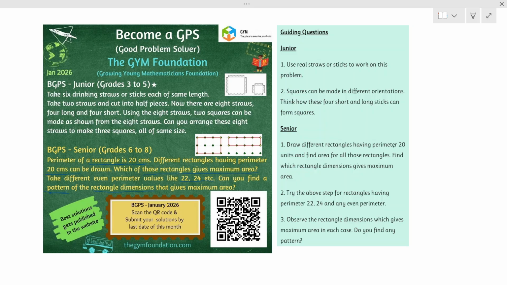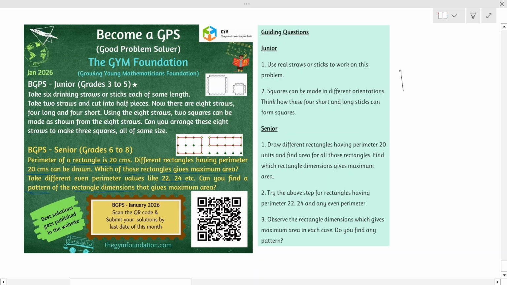Draw different rectangles having perimeter 20 units. You might all know that the perimeter of a rectangle, or of any shape, is the distance covering the outer boundary.